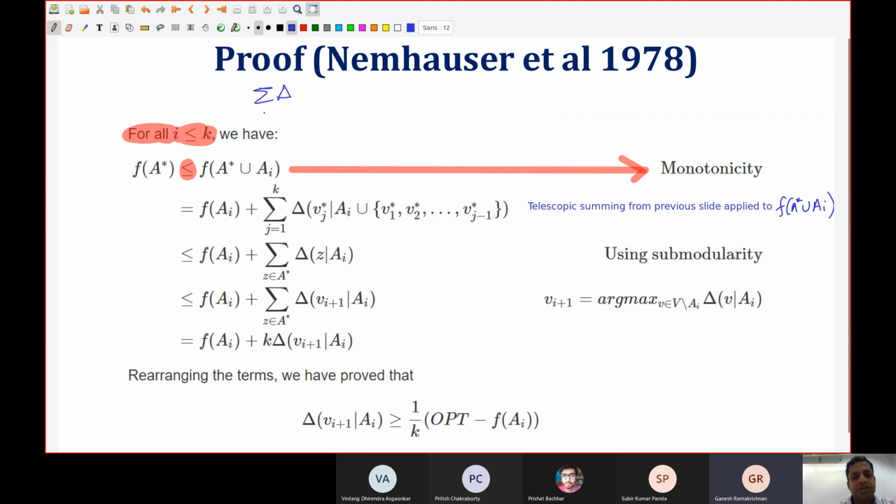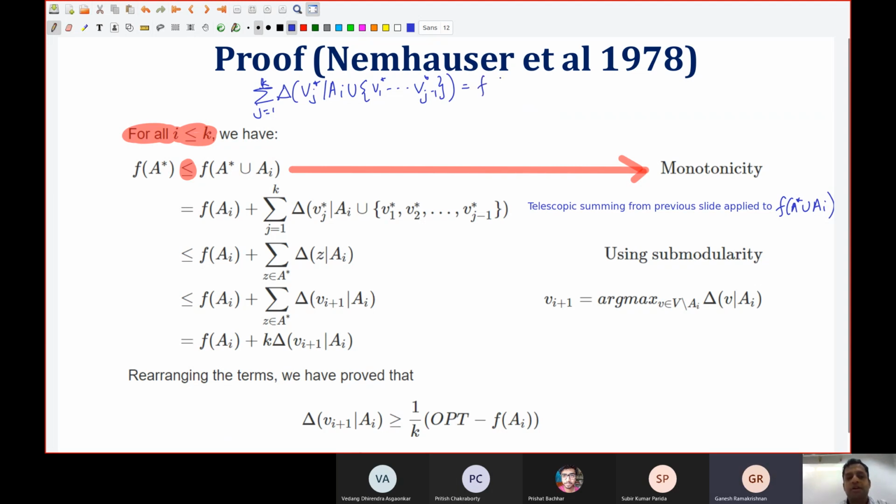So if you want, call it delta, call it f. This is conditional gain. So delta, let me just write this. Let's write the summation, j equals 1 to k. Okay, I change the indices also. So let's write this, j equals 1 to k of delta of vj star given A_i. So what is this summation? Let's write this.